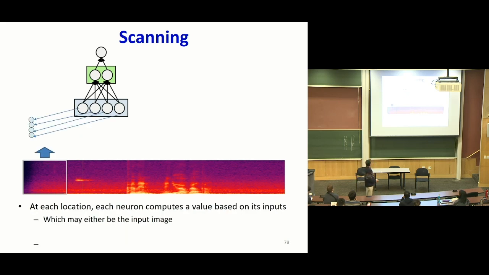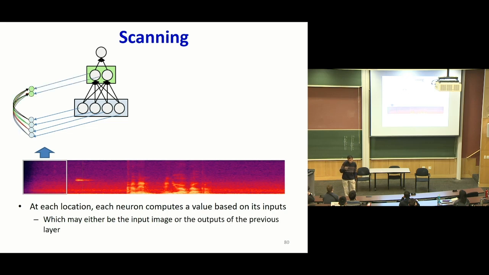First, each of the 4 neurons in the lowest layer is going to compute outputs. Then the 2 neurons in the next layer are going to compute outputs based on the outputs of the 4 neurons in the first layer. And then the neuron in the highest layer is going to compute an output based on the 2 neurons in the second layer, right? This is the order in which you'll be performing the computation.